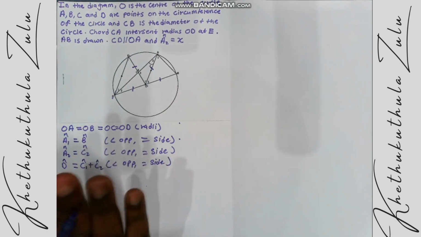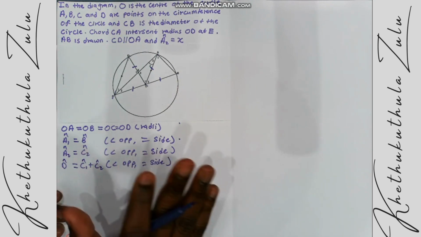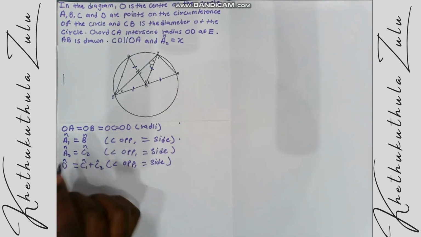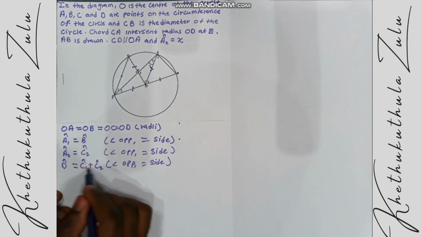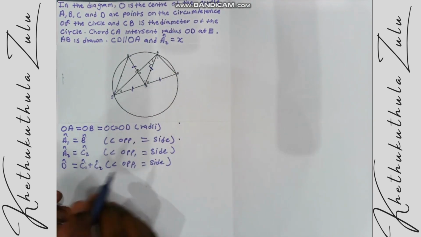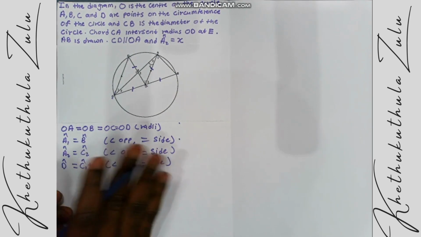Just analyzing a diagram, just O being a center, nothing else. I hope you see this and understand it. All these angles are equal, just from O being a center.